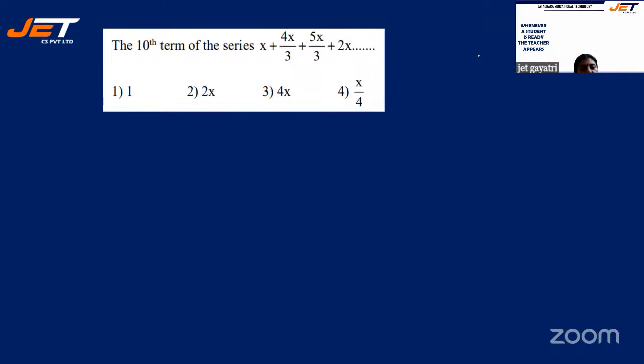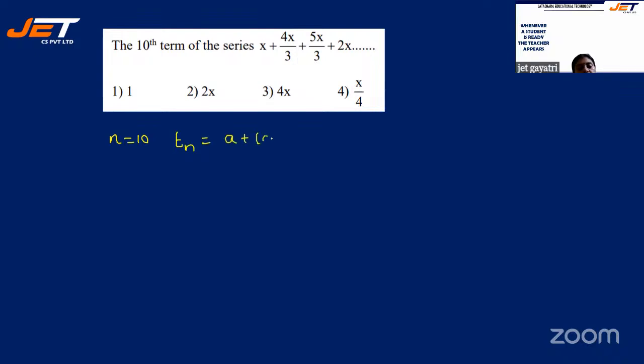See the next question. The 10th term of the series is, so what is n? 10, right? So n is 10.